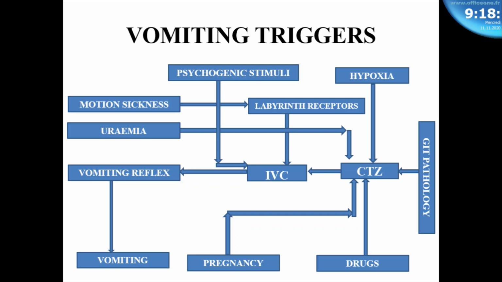It is stimulated by higher brain centers, the cerebrum, such as emotional factors, fear, pain, offensive sight and smell, taste, memory, anticipation, and intracranial pressure disturbance. Of course, hemorrhage and hypoxia also stimulate it.